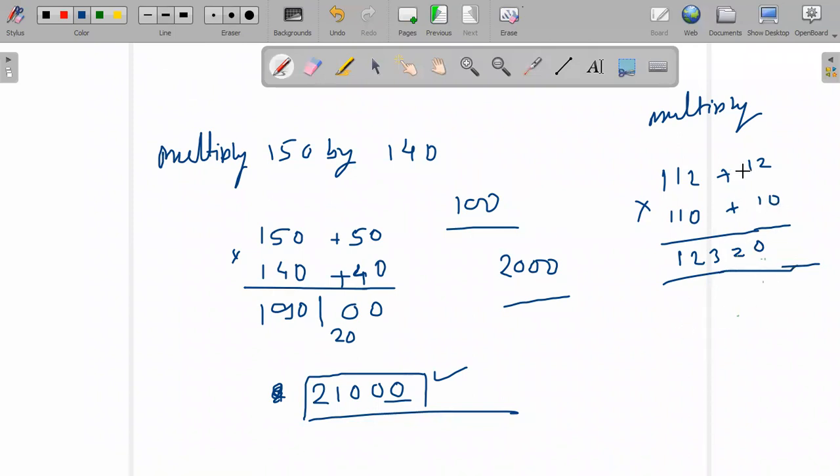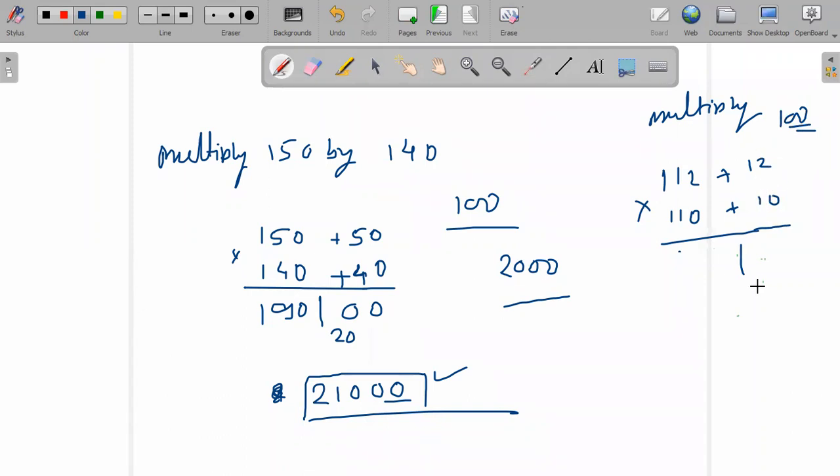So now the next is multiplying a number above the base with a number below the base. Let me check again. Let's start. So 12 into 10 now. What is the base? 100. How many zeros? 2 zeros.